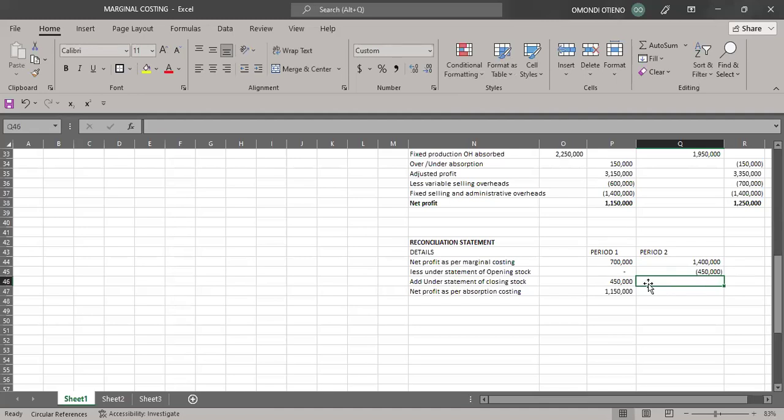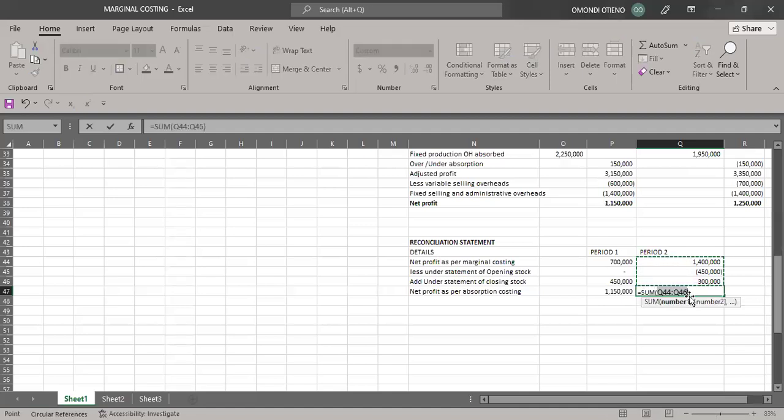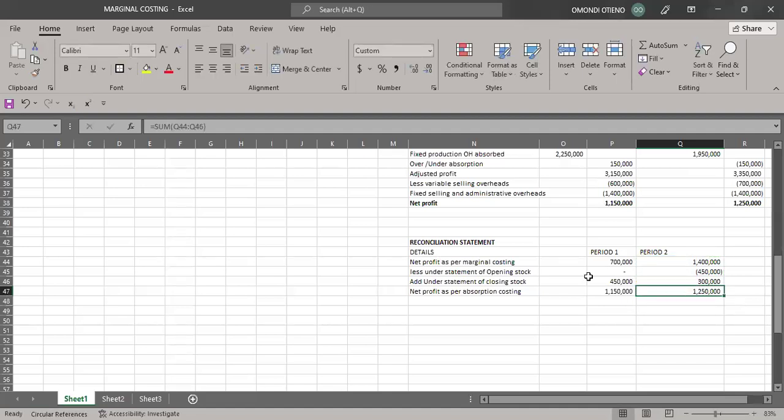Then we add understatement of closing stock. Under period 2, our closing stock was 10,000 units. We multiply by the understatement of 30 shillings per unit, or the fixed production overhead per unit. So when you do that, we are getting 300,000.